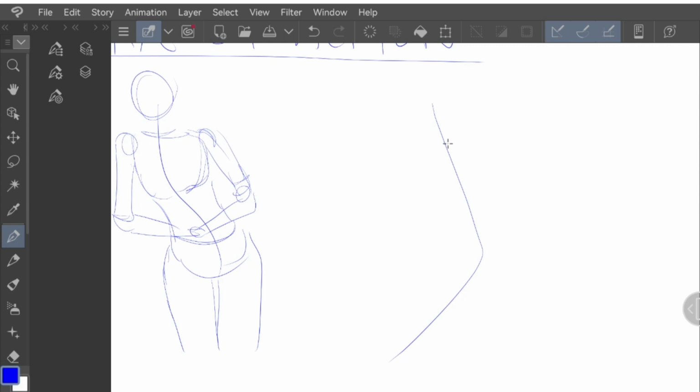Okay, now if you look at the line like this, basically here's the head, and then you're going to make the body. Remember, you just have to improvise the body shapes in alignment to the lines.